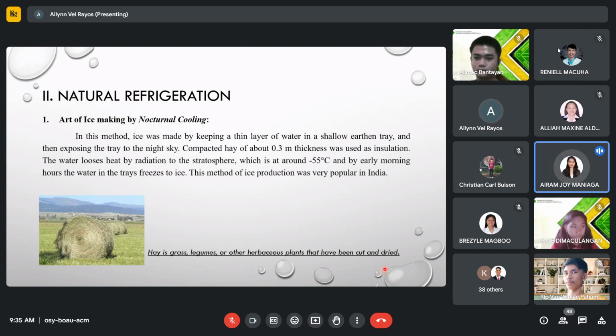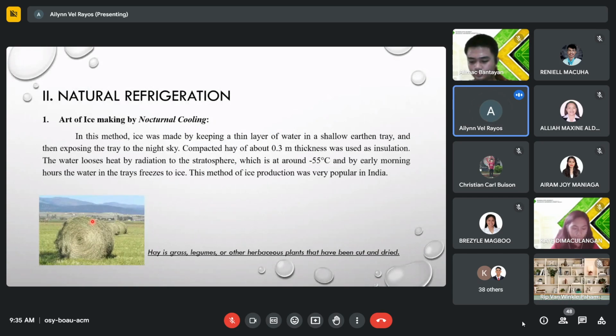Okay, so this nocturnal cooling uses compacted hay of about 0.3 meter thickness. This is an example of compacted material used as insulation. In the old version, compacted hay was used for insulation. Perhaps the thickness also depends on the extreme application.